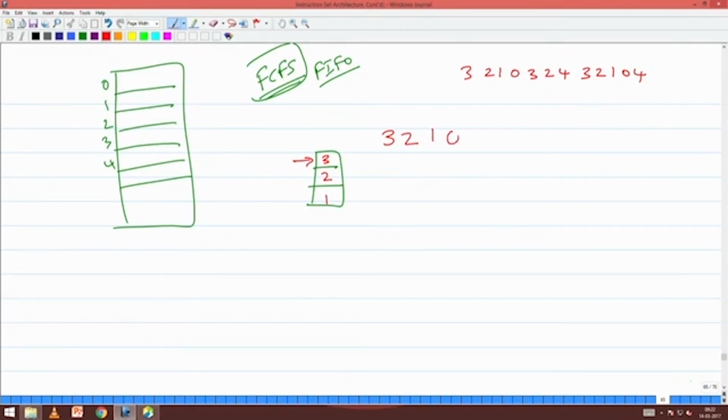Now 0 comes, who gets replaced? 3 gets replaced. Now 3 comes. Now who gets replaced?